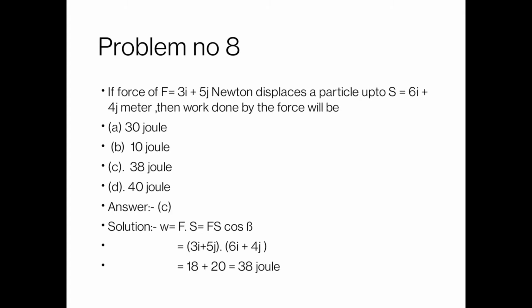Now problem number 8. If force F is equal to 3i plus 5j newtons and it displaces a particle by s equal to 6i plus 4j meters, then what will the work done by the force be?